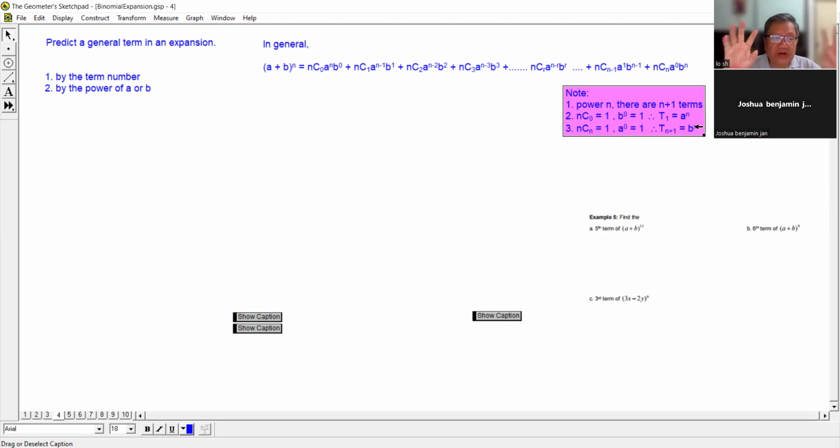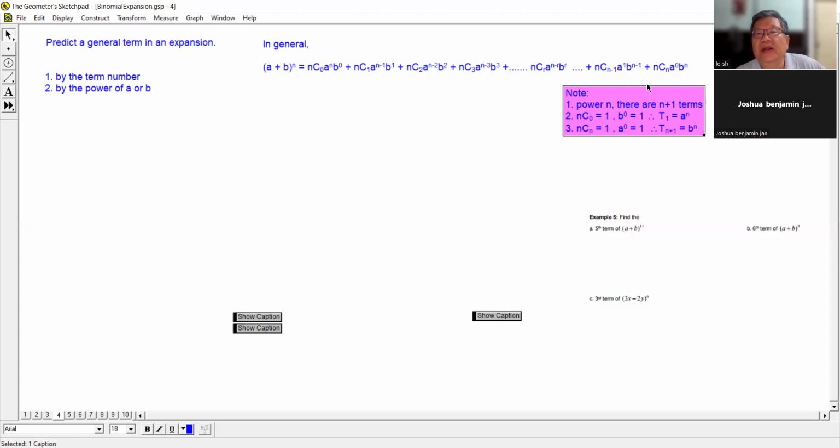So there is a relationship between the two powers. If I give you one, you will know the other power. How? You use n minus the one that you know, you will get the power that you don't know.